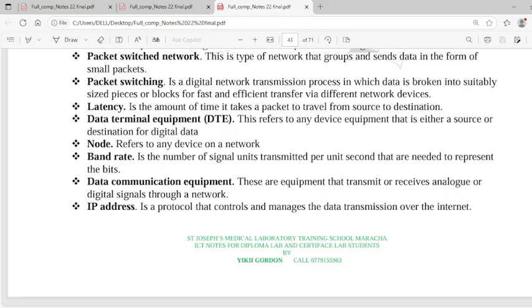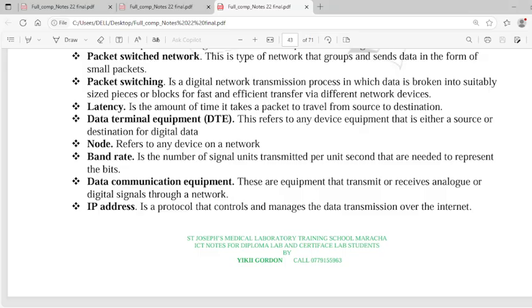For example, a switch is a node, a hub is a node, a router is a node. Even a phone becomes a node when it is connected to the same network. Computers become nodes. Basically, anything that is connected to a network is a node.